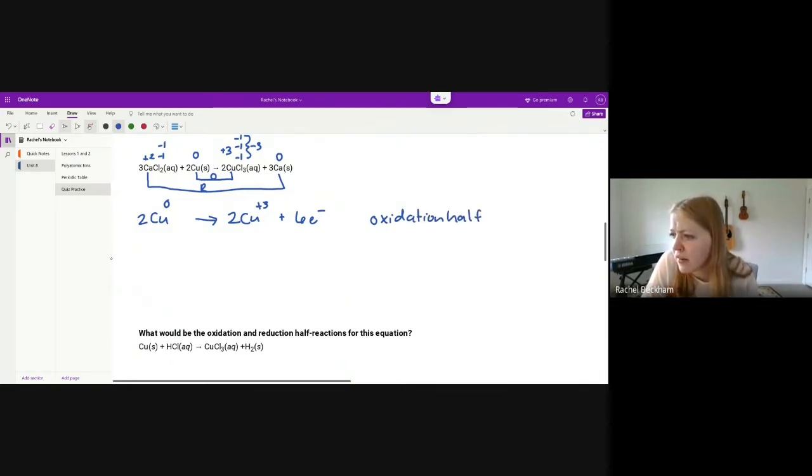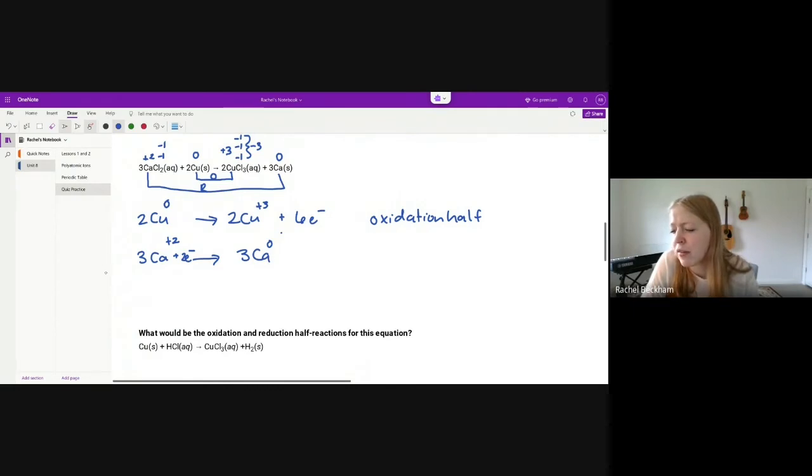Okay, now the reduction one, we've got to show that calcium, it had a +2 charge. I'm just copying this part right here. And then on the other side, it had 3Ca with a 0. So we must have had some extra electrons over here that it picked up. It must have picked up 2 electrons, each one of them, but there are 3 sets of them.